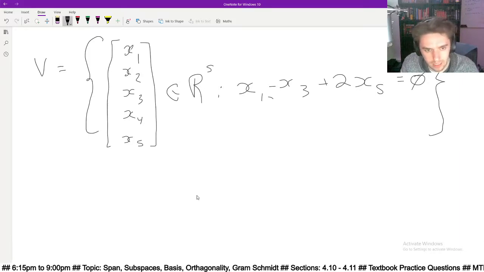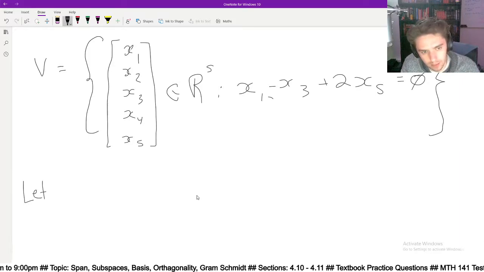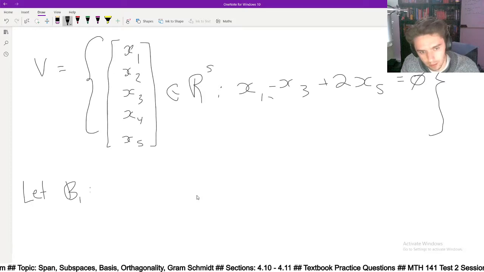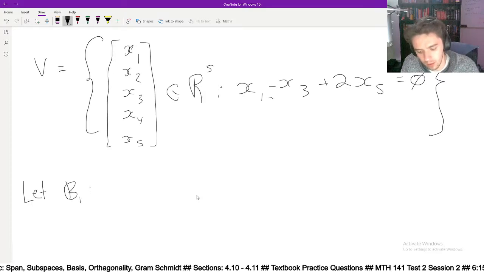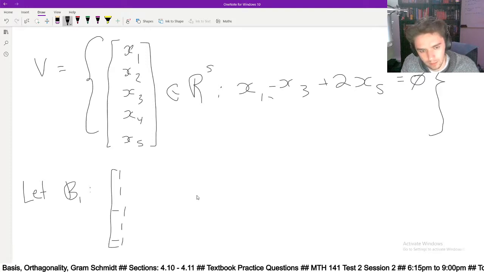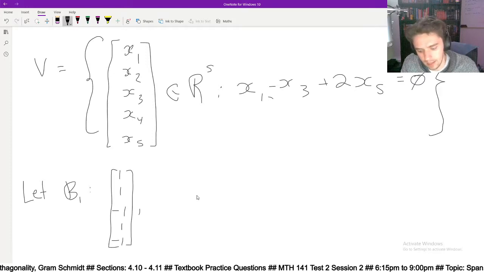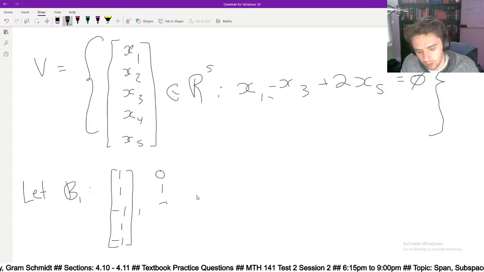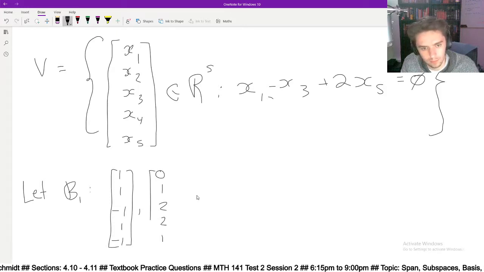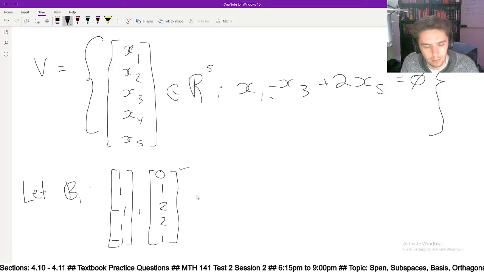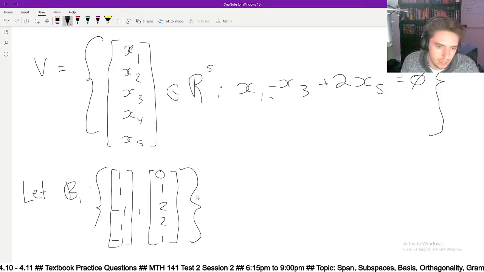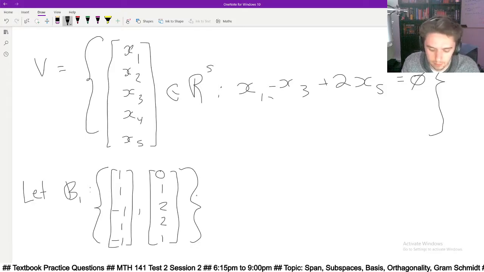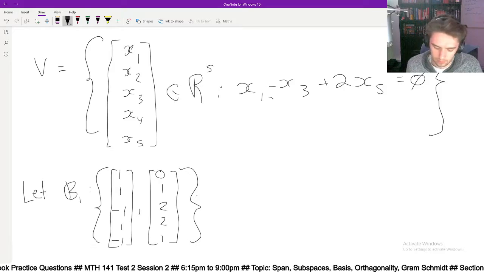The question gives us let B1 equal (1, 1, -1, 1, -1) and (0, 1, 2, 2, 1). Okay, and extend B1 to be a basis for V.